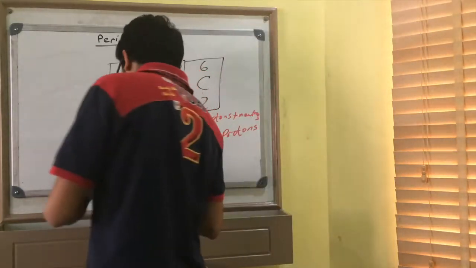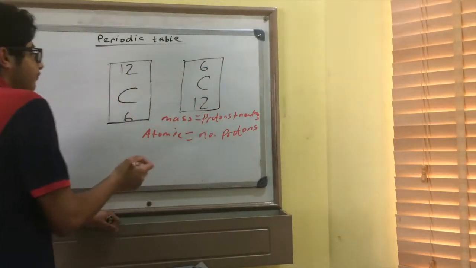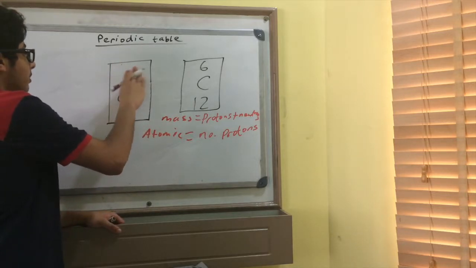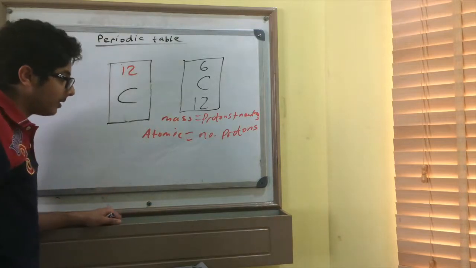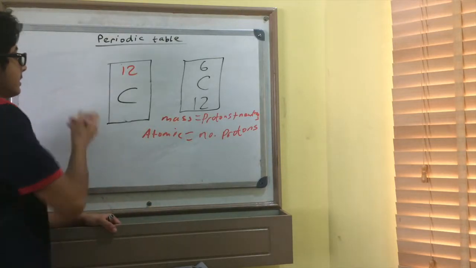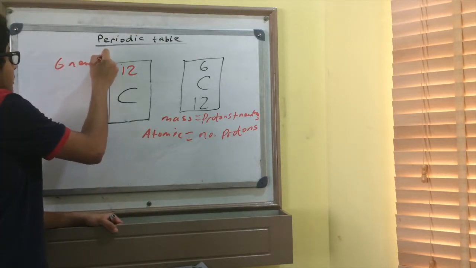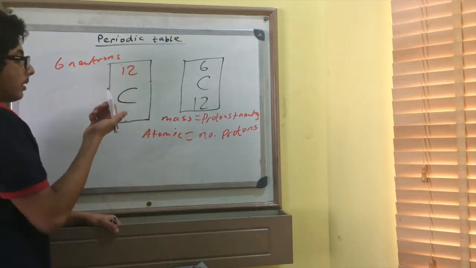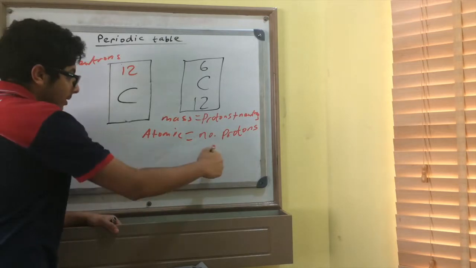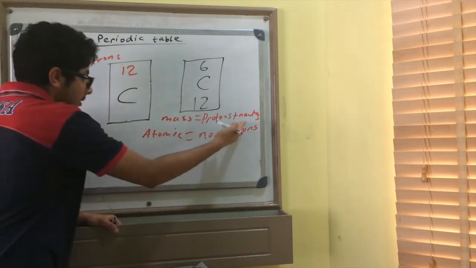They might give you a question like, say carbon has a mass number of 12 and has 6 neutrons. What is the atomic number of carbon? Well, atomic number is the number of protons, and mass number is the number of protons and neutrons.